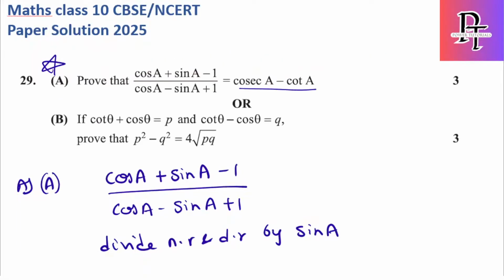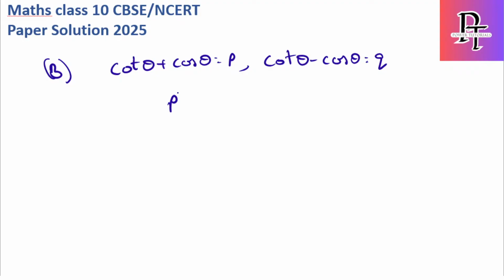P square minus Q square is equal to 4 root of PQ.